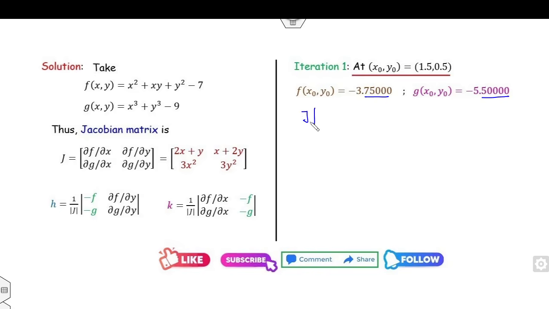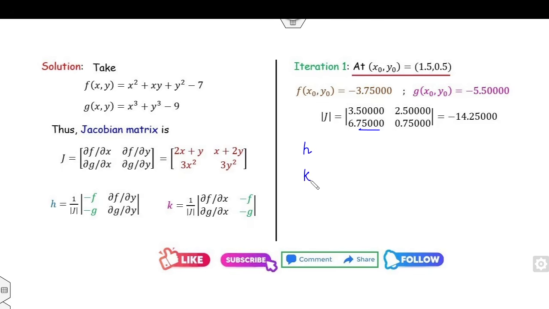You can find the Jacobian matrix J at the point x naught and y naught. So what is that? Twice of x naught plus y naught is 3.5, x plus 2y is 2.5, 3 times x square, 3 times y square. All calculation up to 5 decimal places.